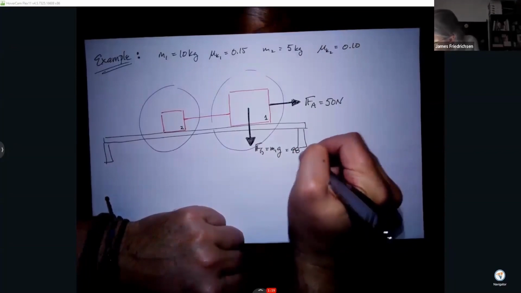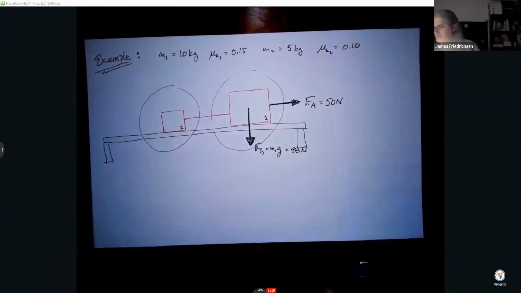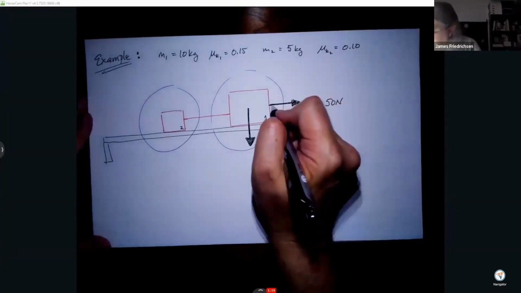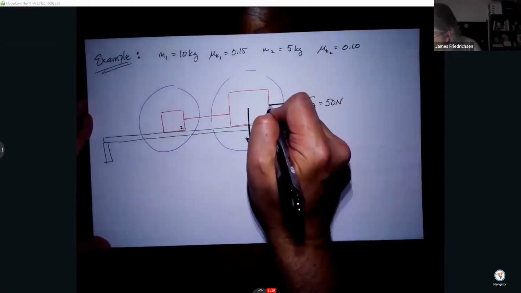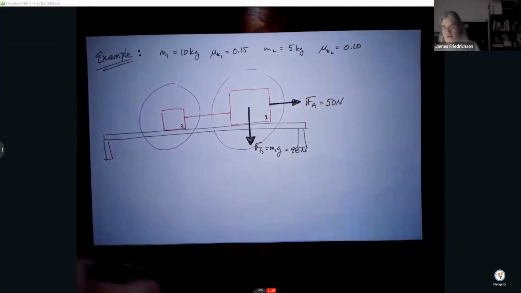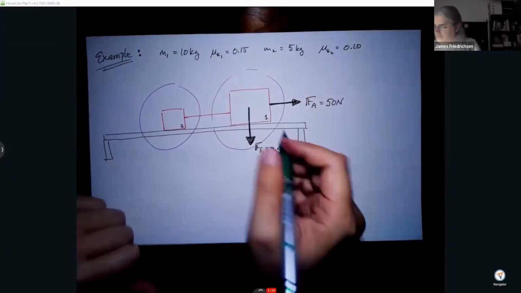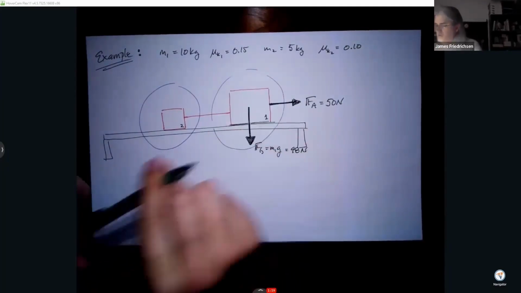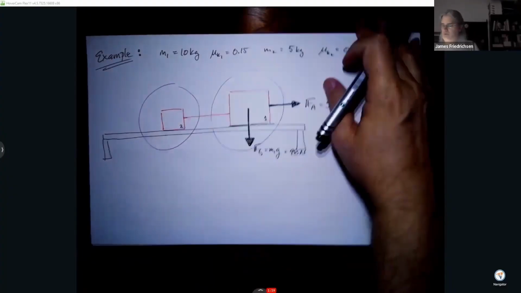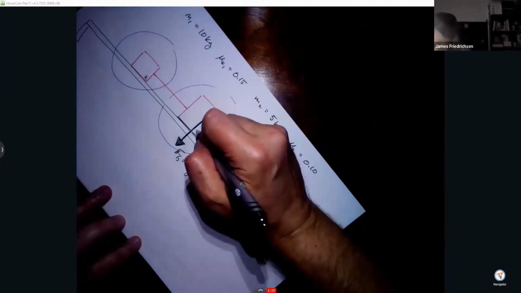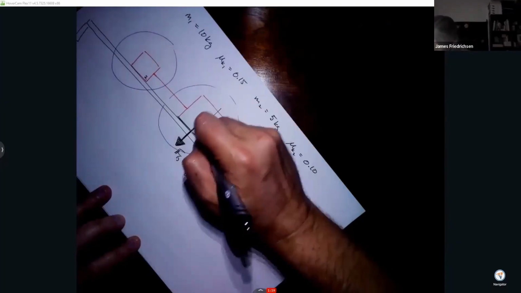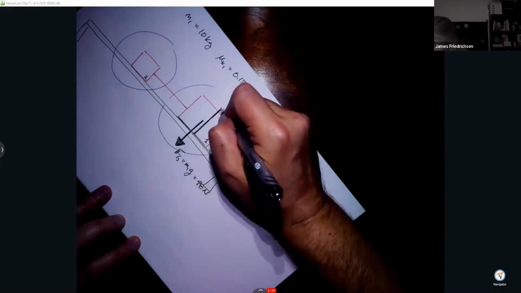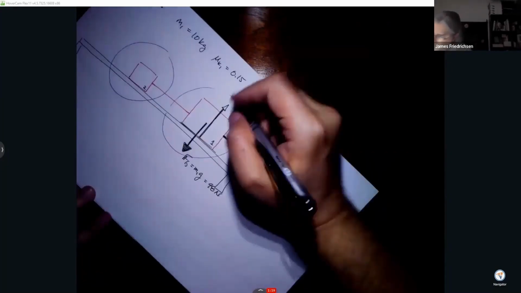So this will just be our 98 newtons, so 10 times 9.8, just like it has been. And then the next forces we would probably want to do would be our contact forces. Of course, the top one on the list of the contact forces was the normal force. So the normal force will be perpendicular to the surface of contact, and starting at the surface of contact, you will go through the object of interest. So this will be our normal force.